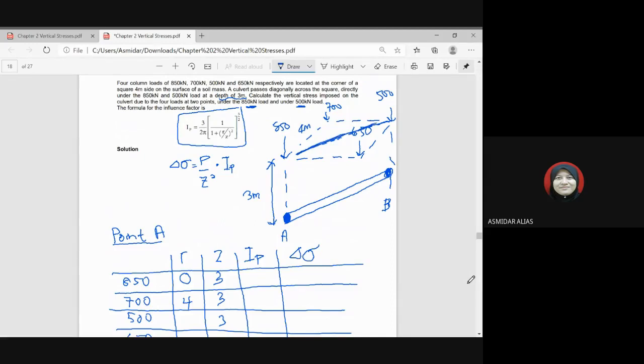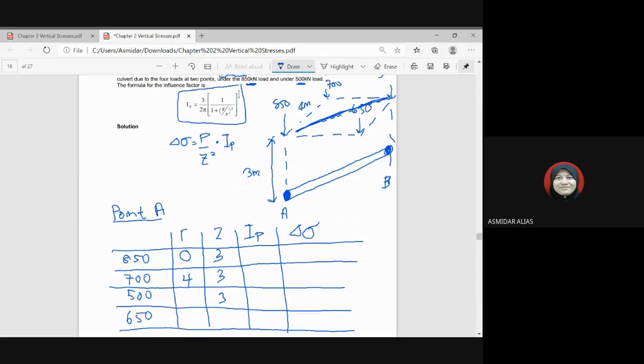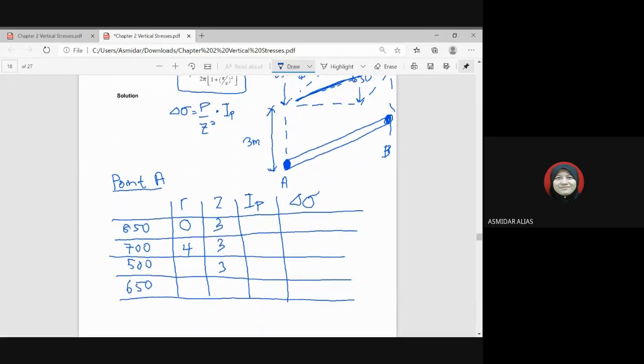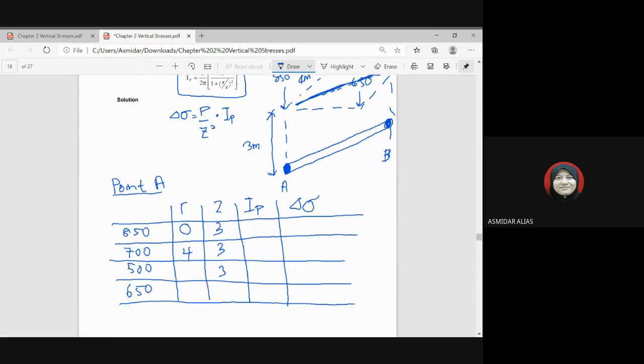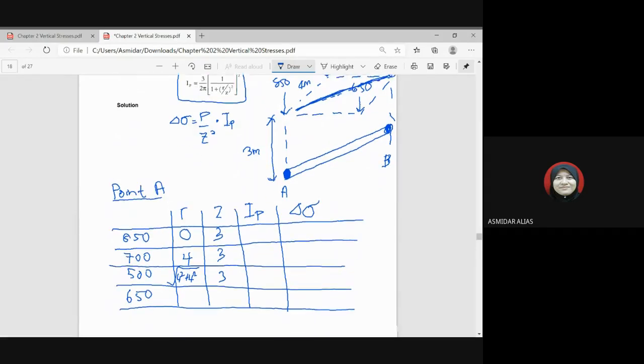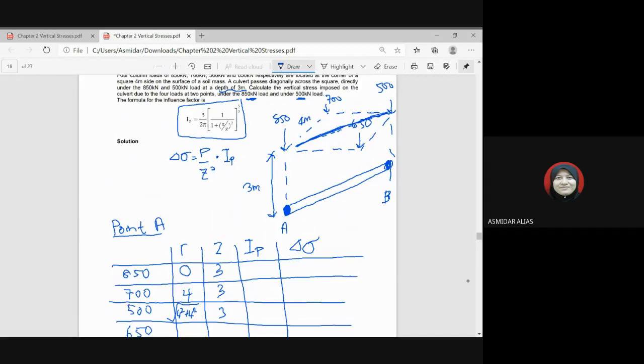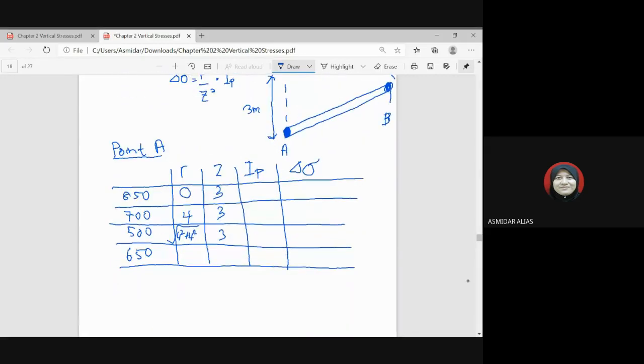Kena guna teorem Pythagoras untuk cari nilai what will be the length of that R. So disebabkan di square adalah 4 meter, dia jadi punca kuasa 4 squared plus 4 squared. And then untuk point 650 ke A, that will be 4 meter.